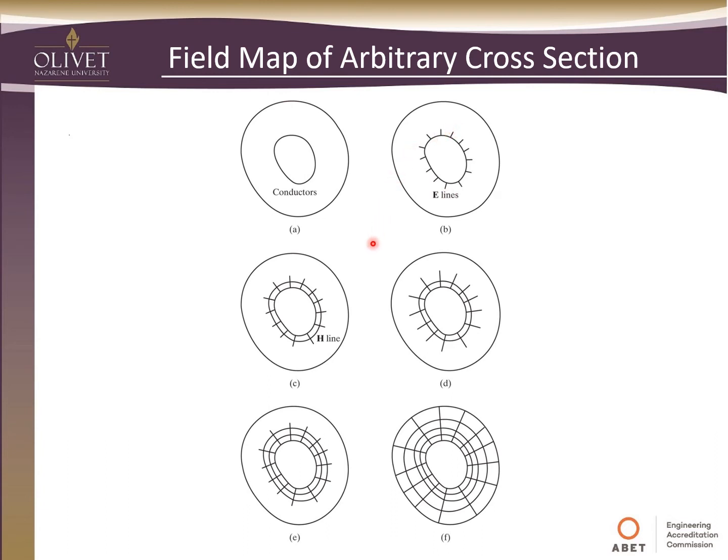We know from Maxwell's equations that if we have a magnetic field associated with this, it has to be perpendicular to the electric field lines. So we can draw this circular line all the way around, and every time we come in contact with one of these E field lines, we again have to make it perpendicular. From there, we can continue to extend our E lines out and draw more magnetic field lines, keeping them all perpendicular all the way around until we completely fill the space between the two conductors.